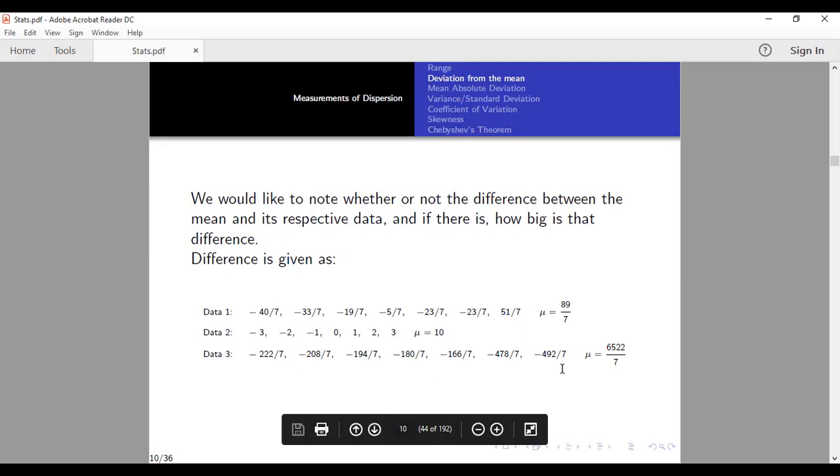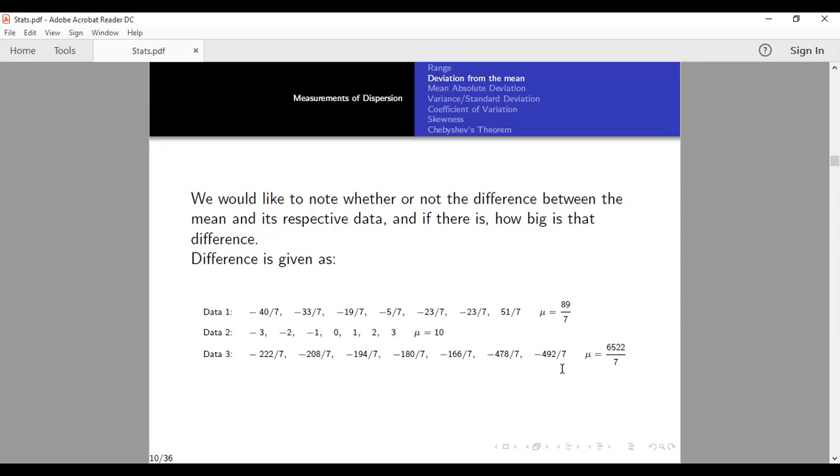For instance, 496 when you convert it into decimals, 492 when you convert it into decimals, it's actually 70. It doesn't go as far as the 900 and 800 that was given. The difference is actually 70, which is smaller than the actual values that we have. So the difference need not be big just because we deal with large values, meaning the deviation need not be big just because we are dealing with large figures.